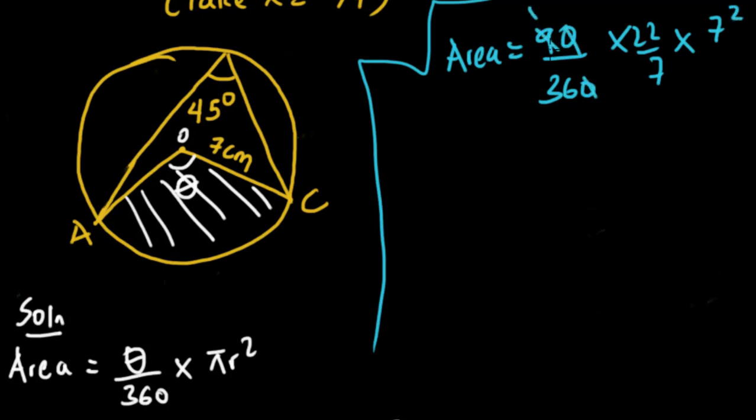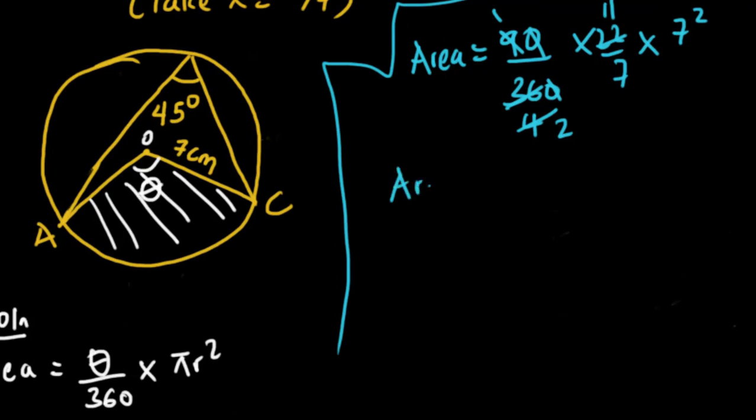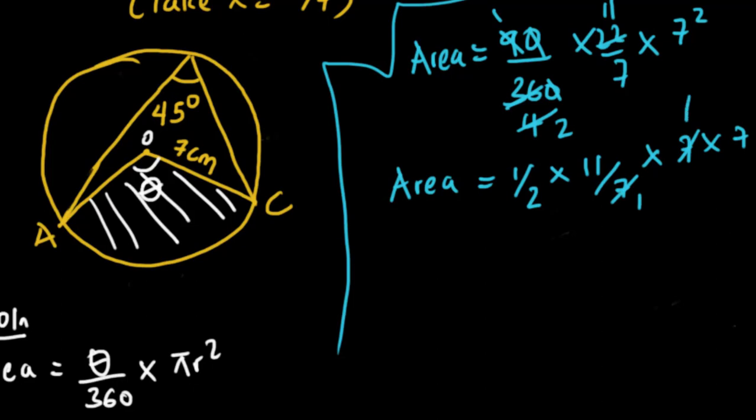9 here 1, 9 in 36 is 4, 2 here 2, 2 in 22 is 11. So we are left with area equals 1 over 2 times 11 over 7 times 7 squared, 7 times 7. So 7 here 1, 7 here 1. So we are left with area equals 11 times 7 all over 2.